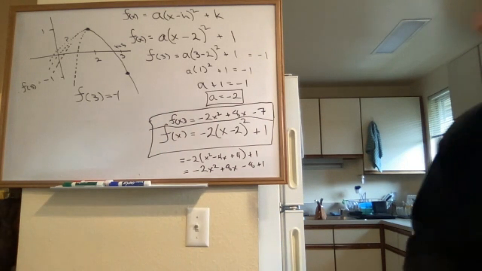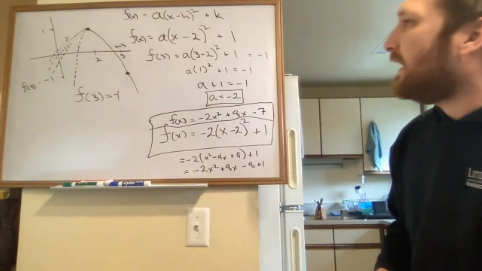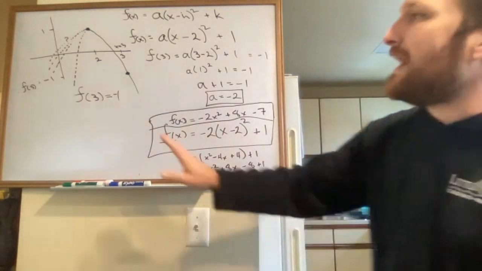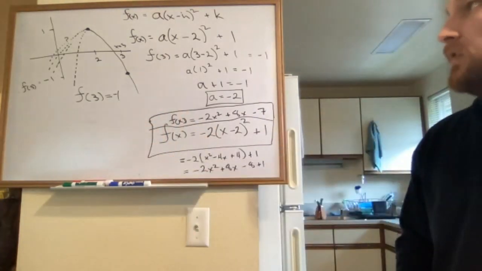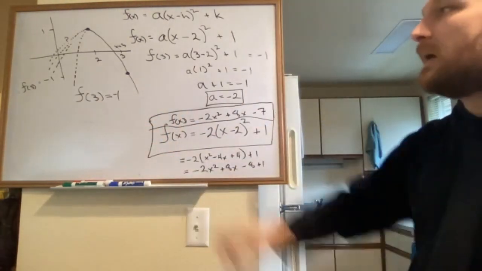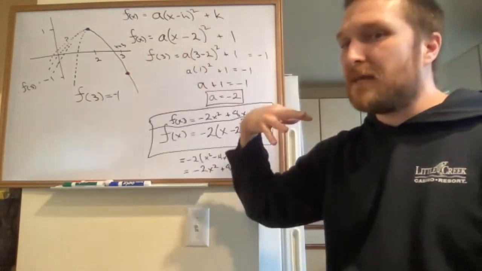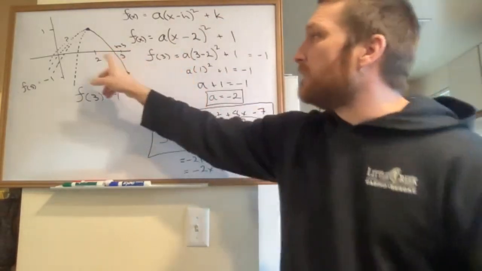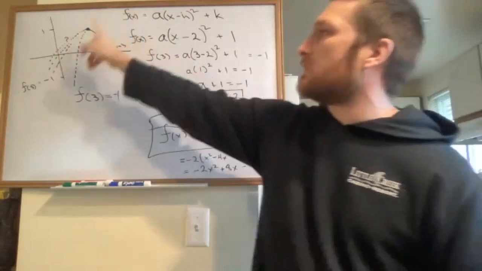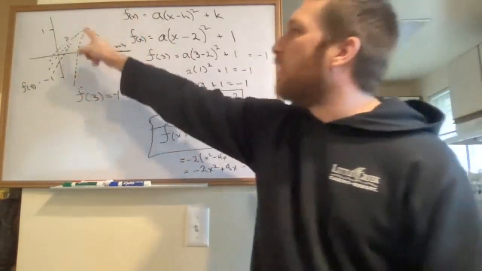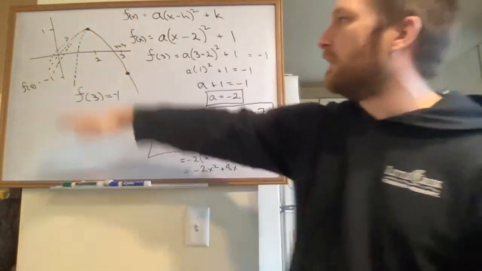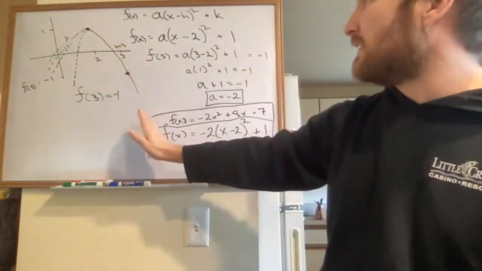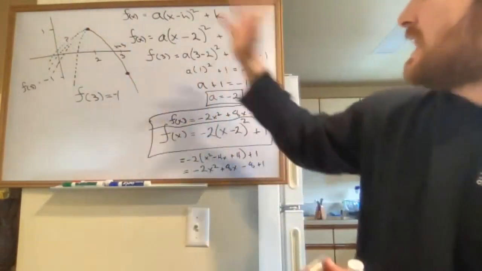One thing that I say in the homework is you do not need to graph this in order to do this type of problem, but it certainly helps, at least it helps me. It doesn't have to be perfect. When I did a thumbnail sketch, I figured, if I know my vertex is here and my point is down here, then it does something like this. This helps me with the overall picture.